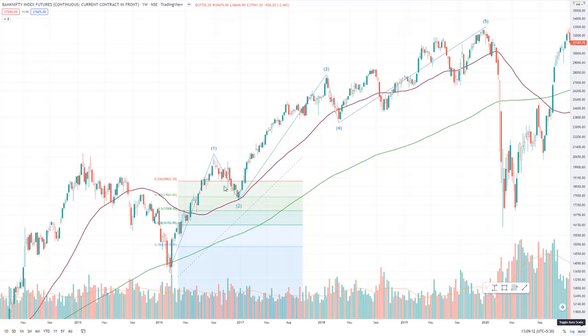Once wave 1 is formed, you can easily identify where wave 2 will be formed. Like in the chart below, we can see at exactly 38% retracement, wave 2 was formed.